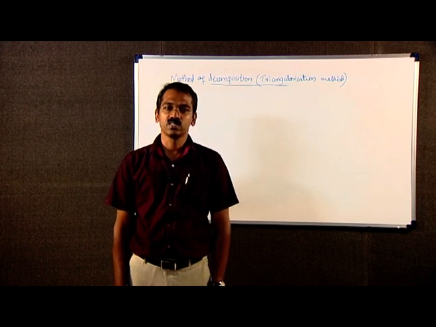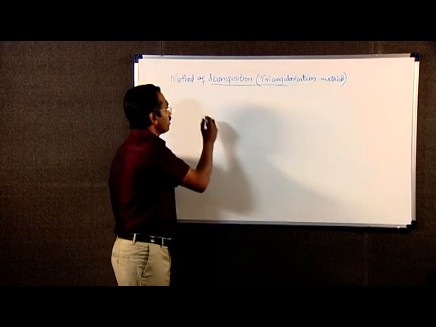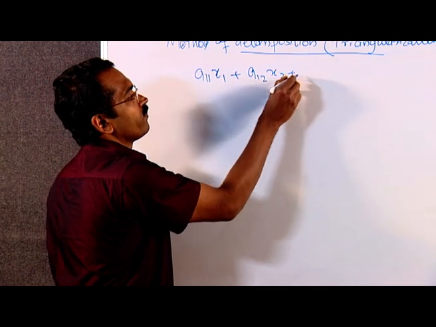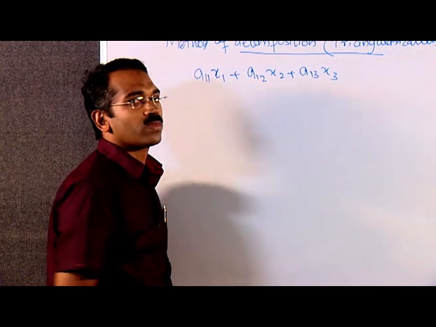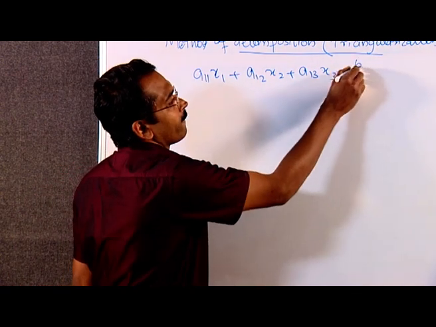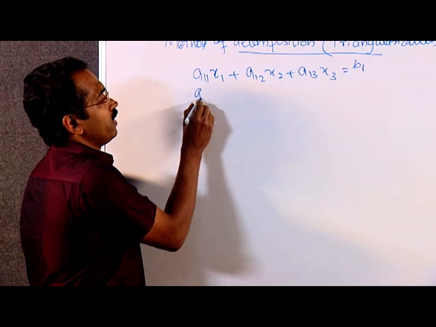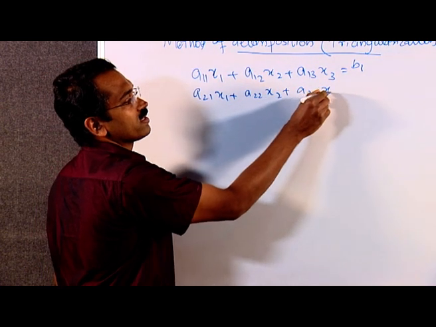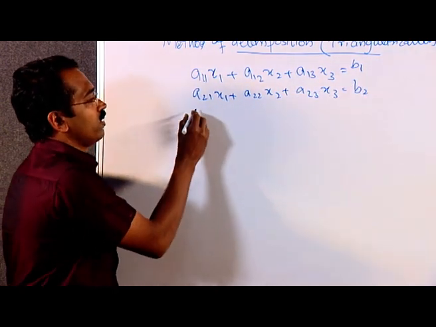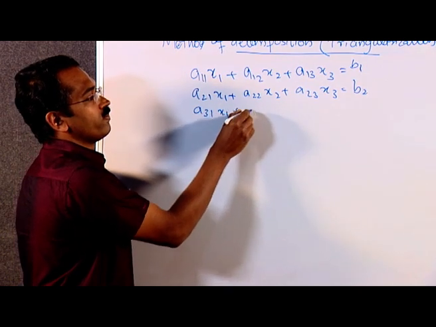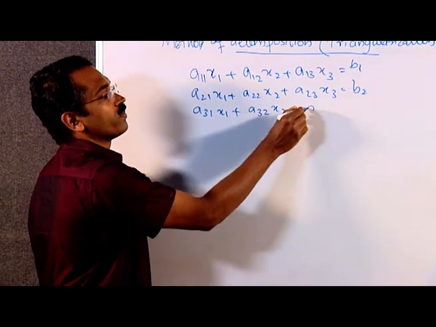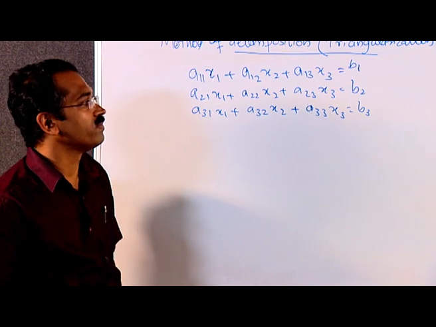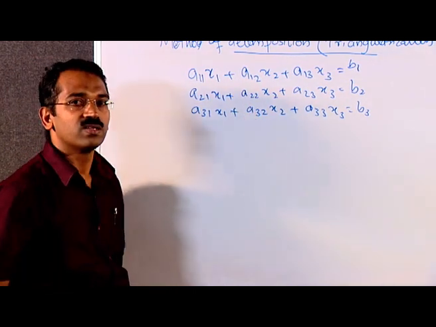For convenience, consider the system A11x1 plus A12x2 plus A13x3 is equal to B1. A21x1 plus A22x2 plus A23x3 is equal to B2, and A31x1 plus A32x2 plus A33x3 is equal to B3, which is a system in three unknowns containing three equations.